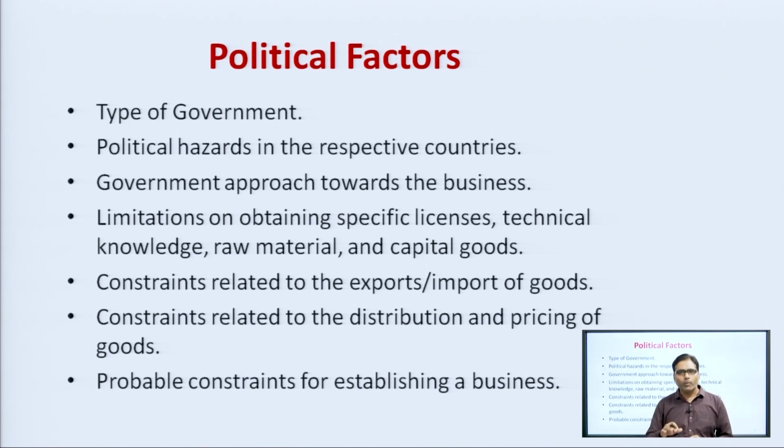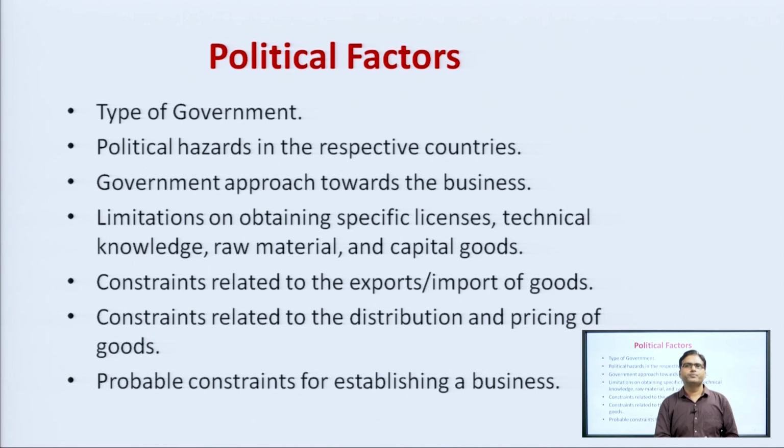What is the government approach towards business? Government may think of business as an integral part of the nation's economy, or it may think of it as an accessory of the economy. What is their orientation? If they have a helpful nature towards businesses, then for sure the business will flourish there.